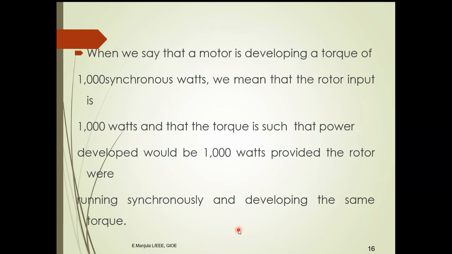When we say that a motor is developing a torque of 1000 synchronous watts, we mean that the rotor input is 1000 watts, and that the torque is such that the power developed would be 1000 watts, provided the rotor were running synchronously and developing the same torque.